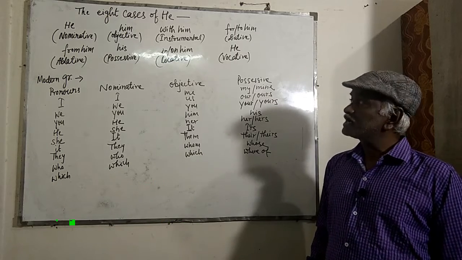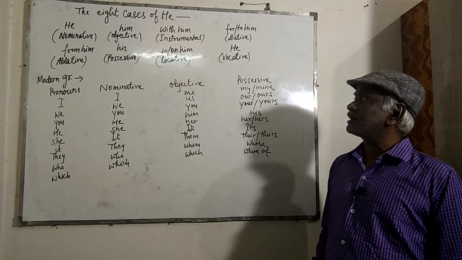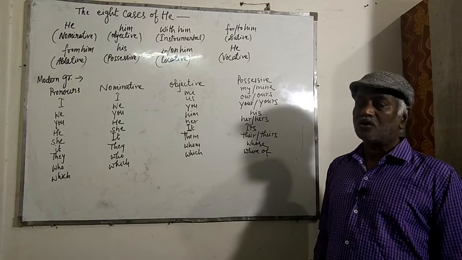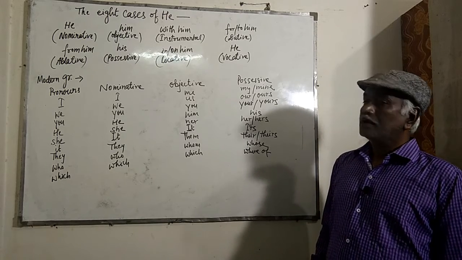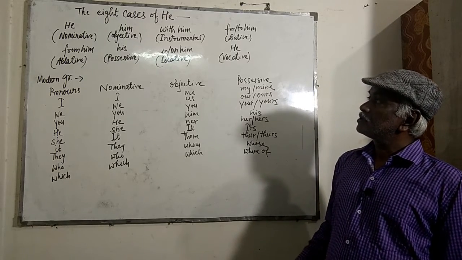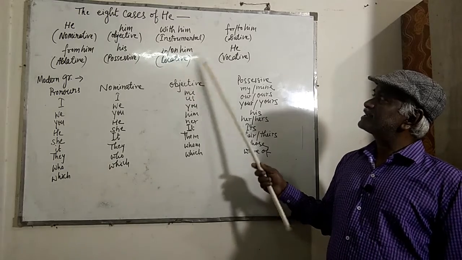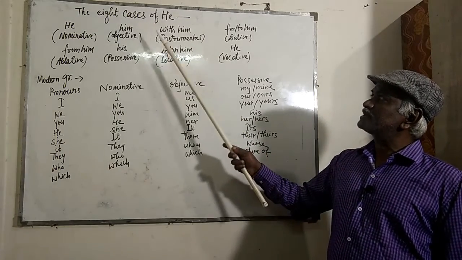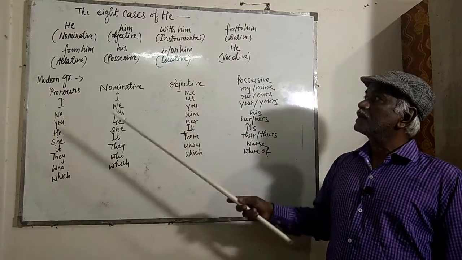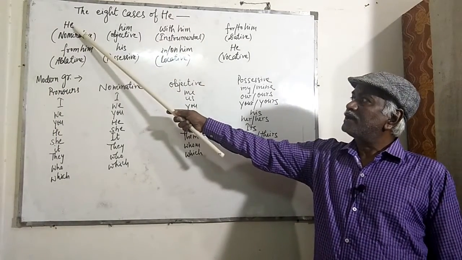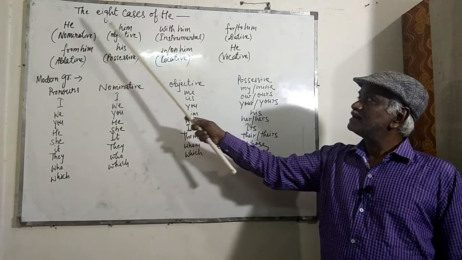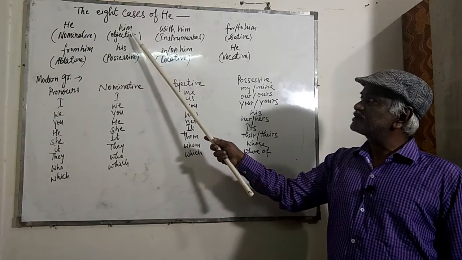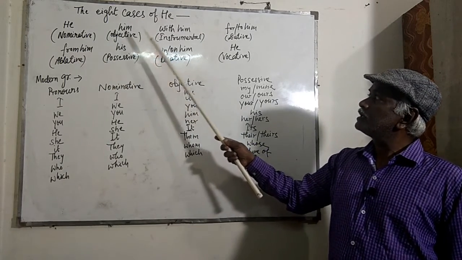Well, to understand why the modern grammarians have stated only 3 cases, let us go through the 8 cases of the old grammarians in detail. Suppose I am taking the 8 cases of he. First, he is nominative case and its objective case becomes him.